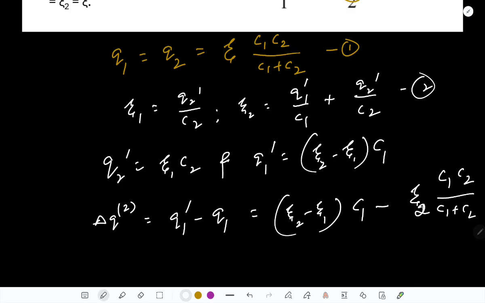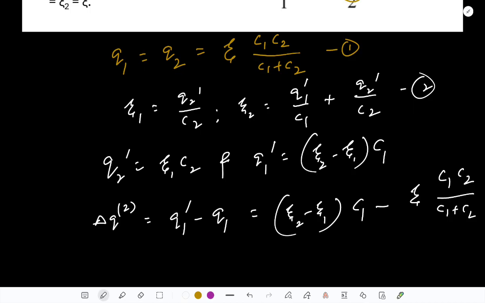Here it is E2, and let's write it as E, which I have previously written, and it looks good in this manner.